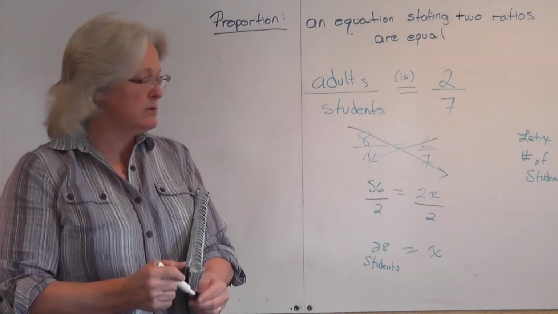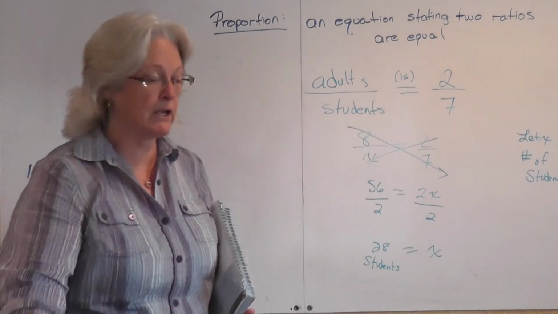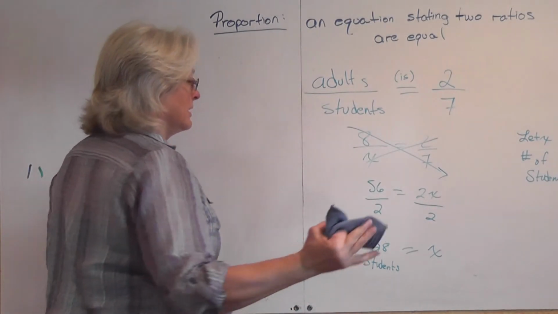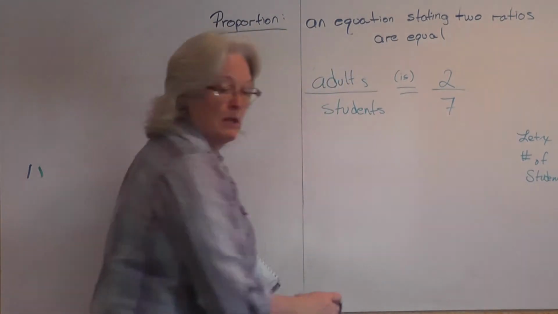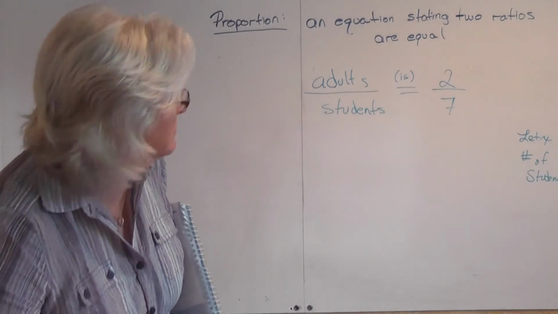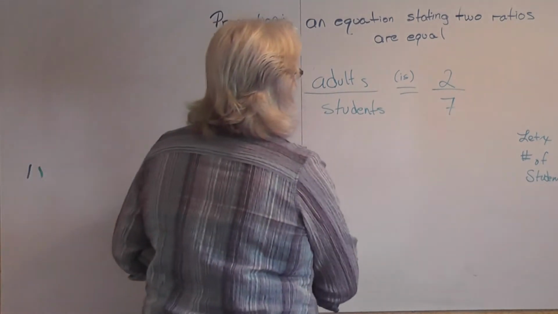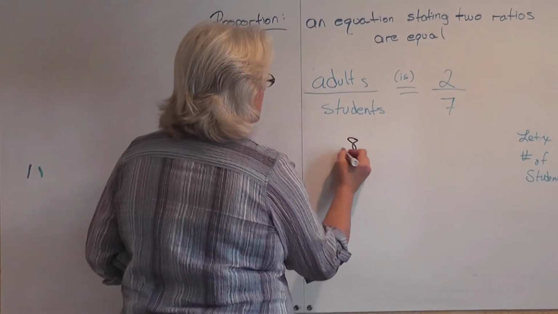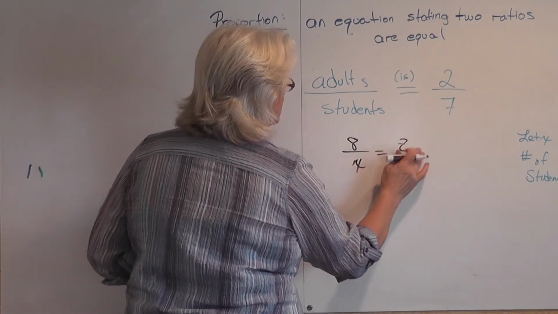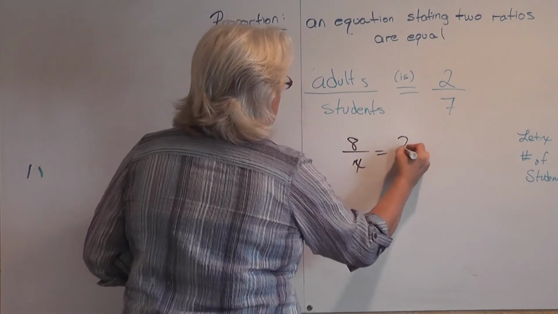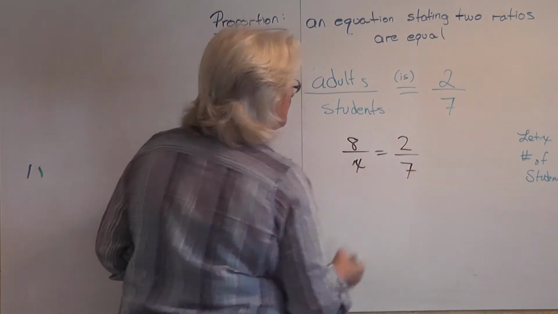Now you might say, I don't really like solving it like this when the variable is on the right-hand side of the equation. Is there another way that I can do that? Well, sure there is. Okay, we have 8 adults. How many students? And we know that the relationship between those is 2 to 7.